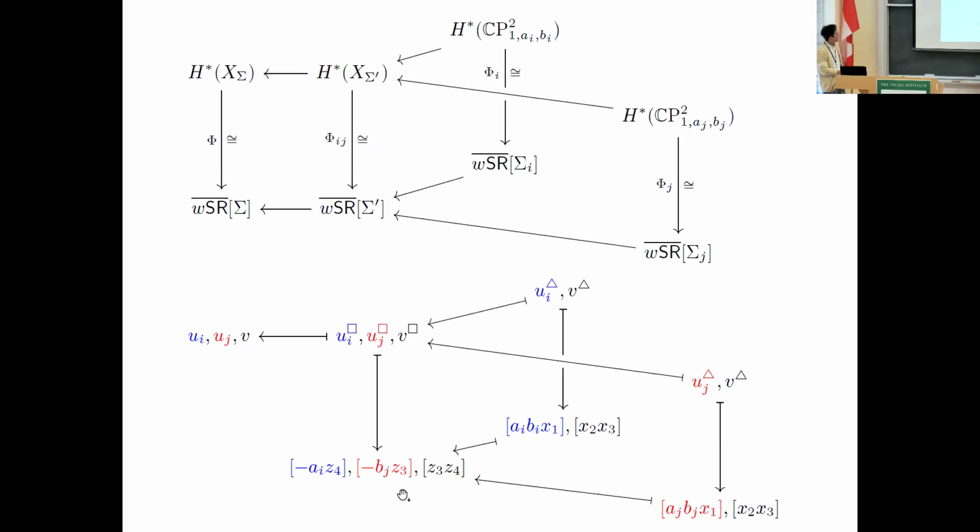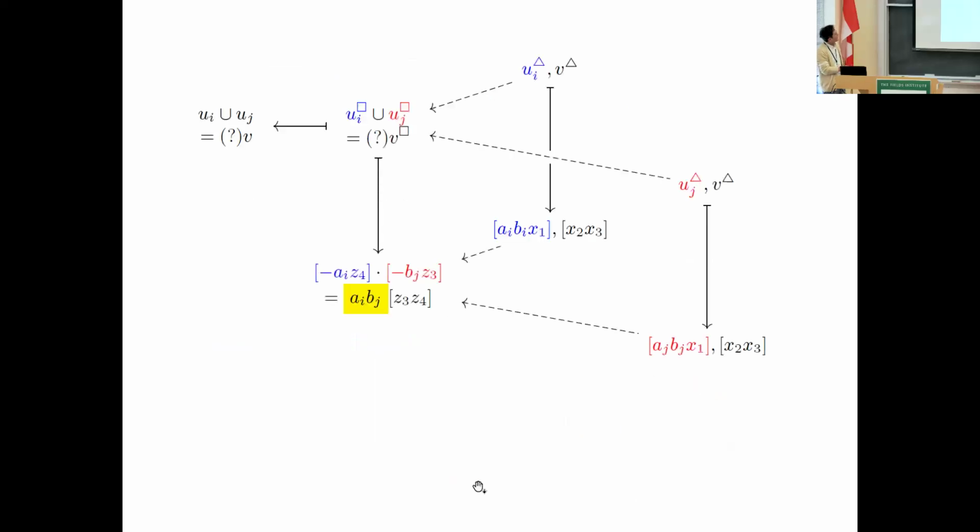So now I have a basis here. I don't know how to compute this at the level of the cellular basis, but at the weighted Stanley-Reisner ring level I can easily calculate. This one goes to here, that one goes to here, and then take a product. That is nothing but a_i times b_j. That is the way we came up with this formula.